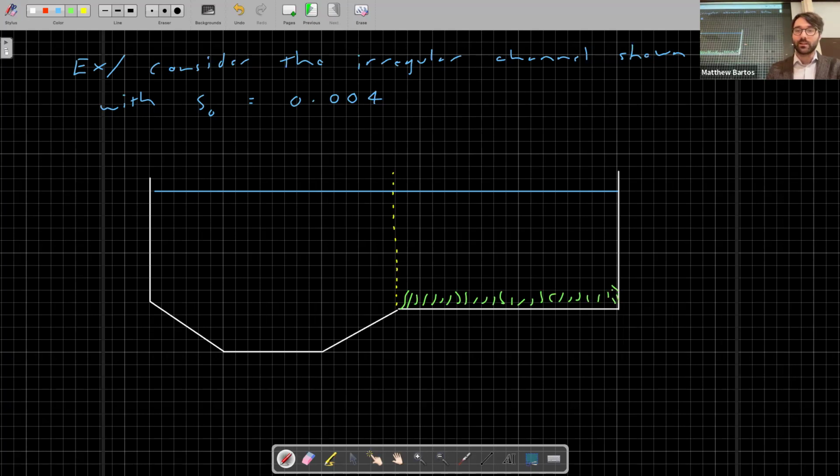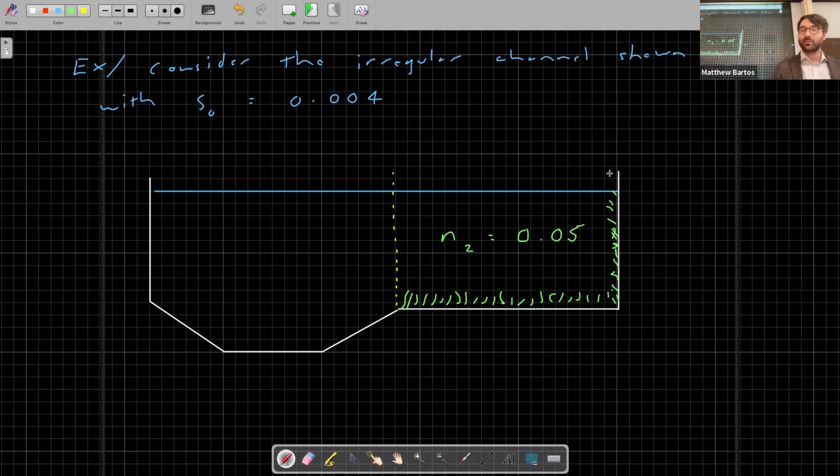And let's just say that the wall on this side also is vegetated, and due to this vegetation, that's going to have a relatively high Manning's roughness of N2 equal to 0.05.